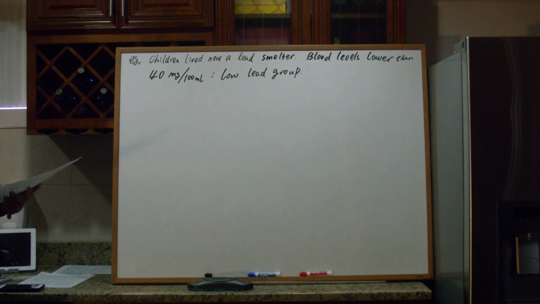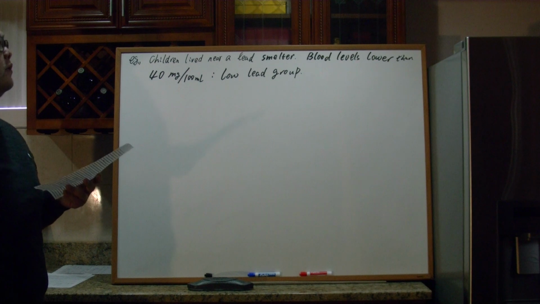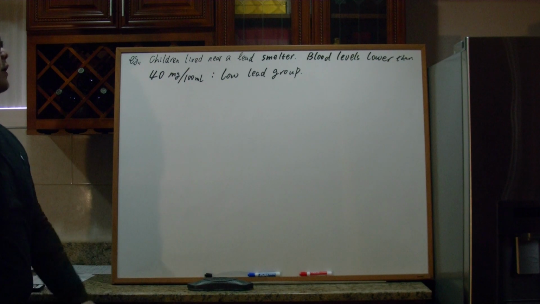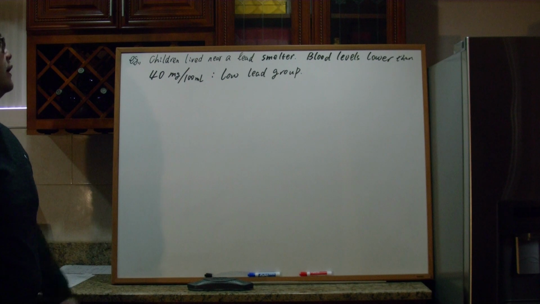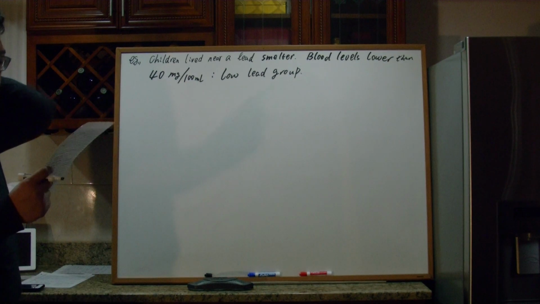Right, for those children who lived near a lead smelter, the blood levels lower than 40 milligrams per 100 milliliters is called the low lead group. The concentration of lead in blood is lower than that amount. It's called the low lead group.